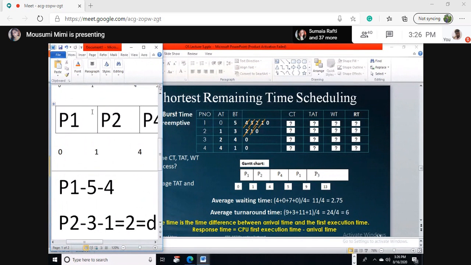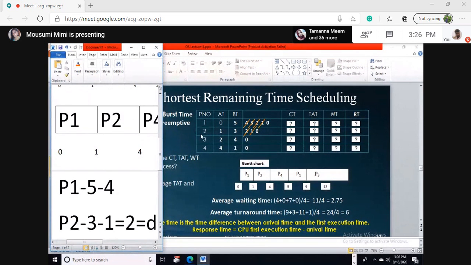So I place the first process in my Gantt chart. The total burst time for the first process is 5. Within 1 second, meaning 0 to 1 second, how much process is done? That is 5 minus 1 equals 4.